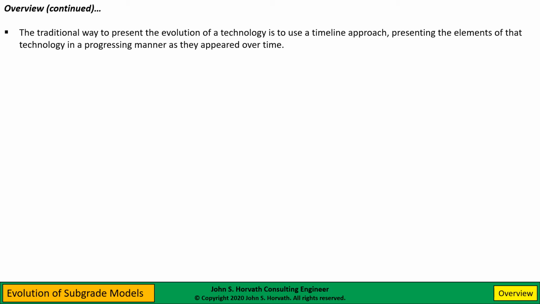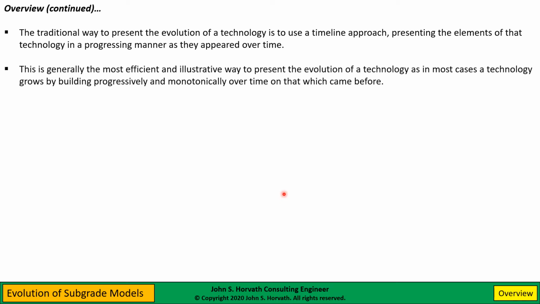Now, when you're talking about the evolution of some technology, whether it was slope stability analysis or lateral earth pressures or settlements of a footing, very frequently the tool that is used by whomever is writing a paper or research report is what I call a timeline approach. So you present in a monotonic progressing manner how this technology changed over time.